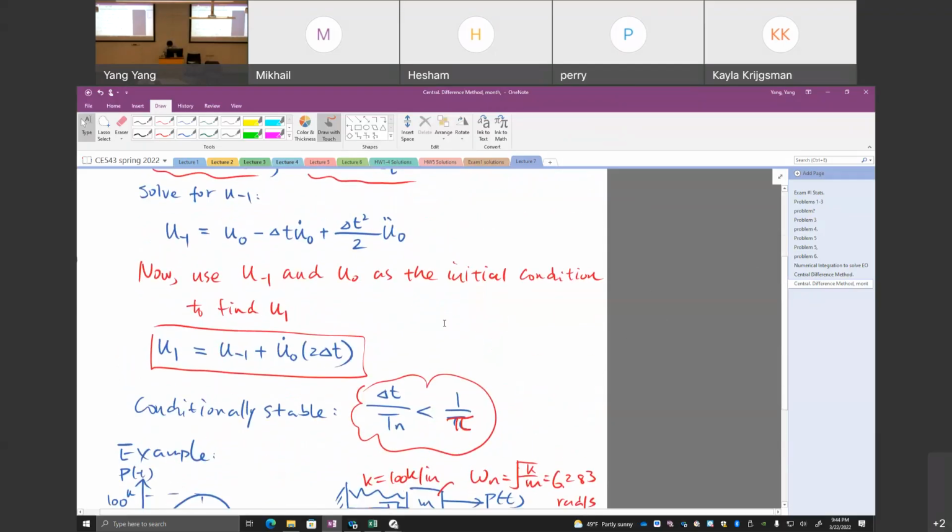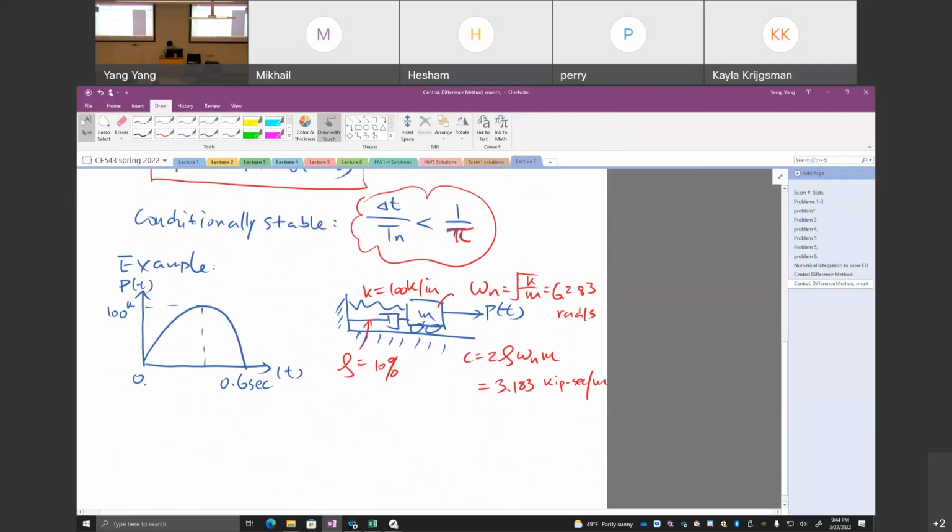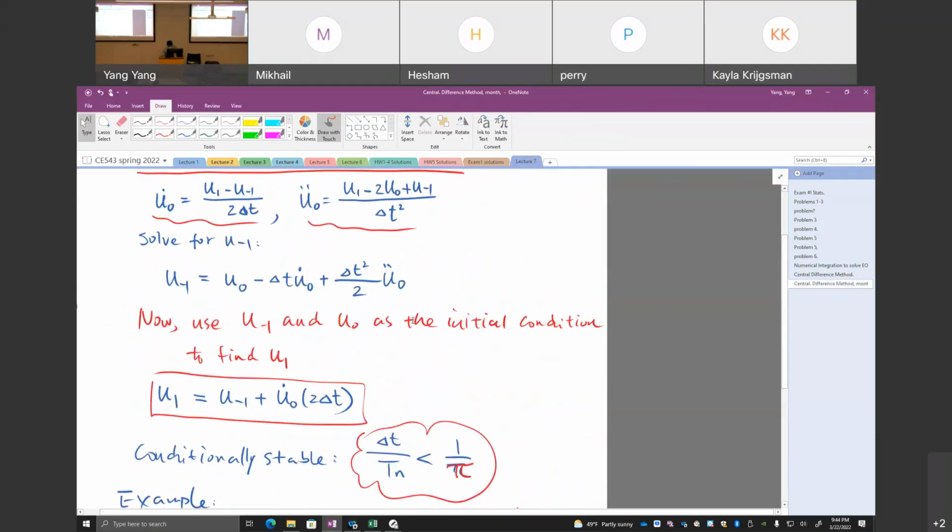Initially, the displacement, velocity, and acceleration are all equal to 0.